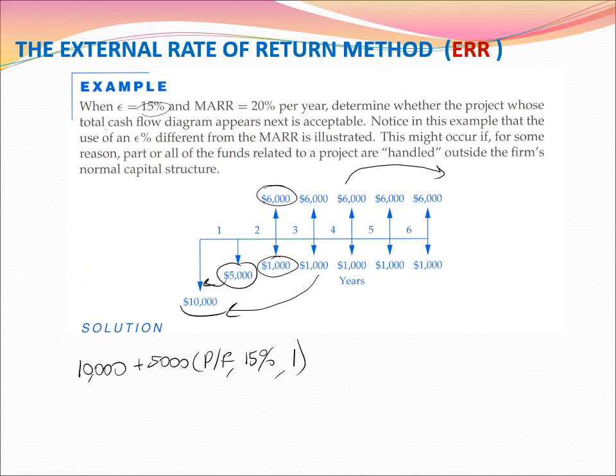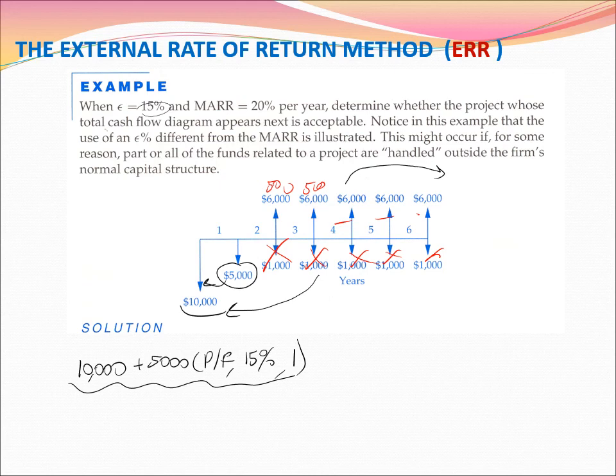Okay, so it means that we need to look only at the net amount, and the net amount here is 5,000. So it is uniform 5,000. So this part is only the present worth of the expenses.